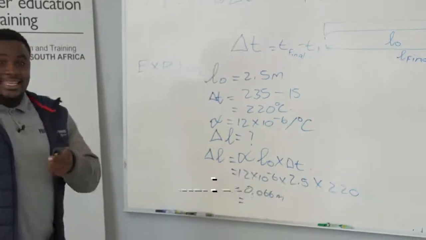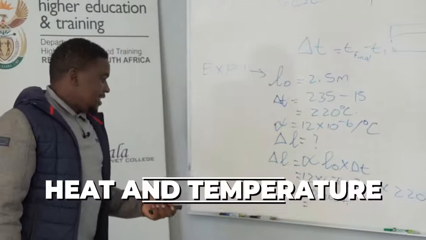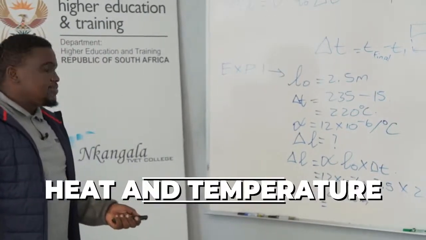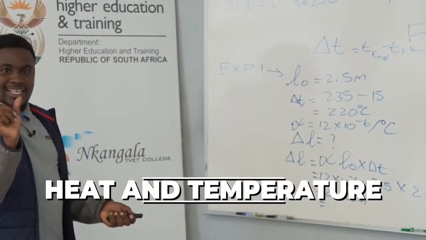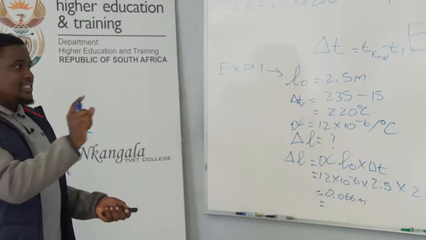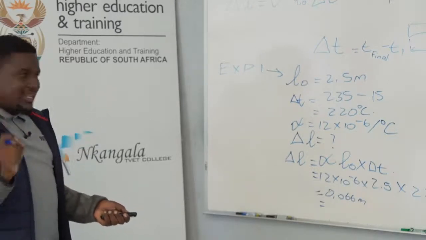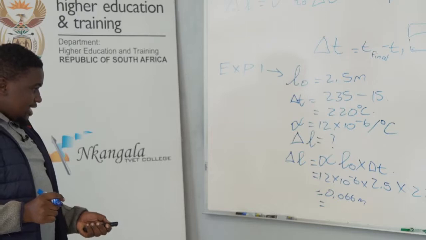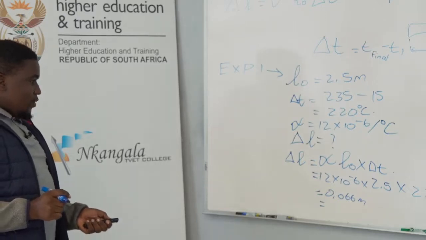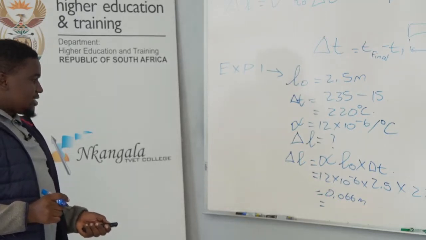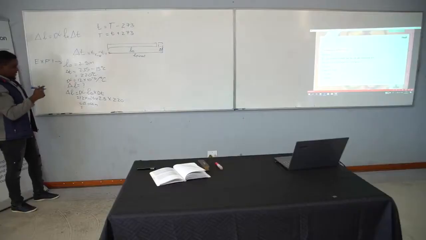We said 0.066 meters is the small millimeters in which our steel pipe is increasing. What did I say? Check this 0. Meaning we have 0.066. What did we say about this change in length?